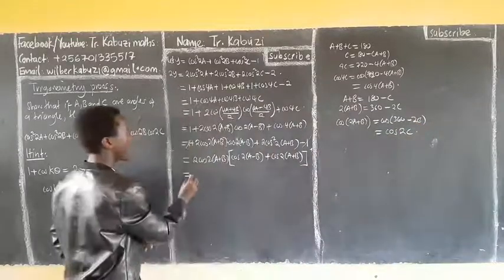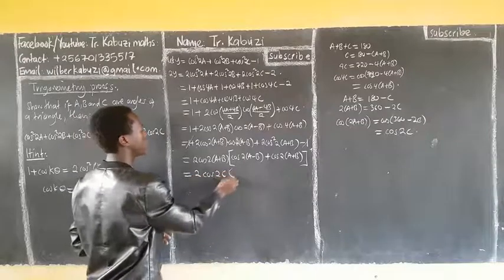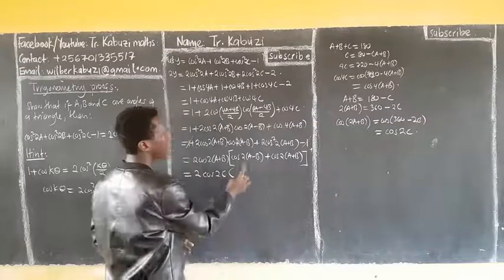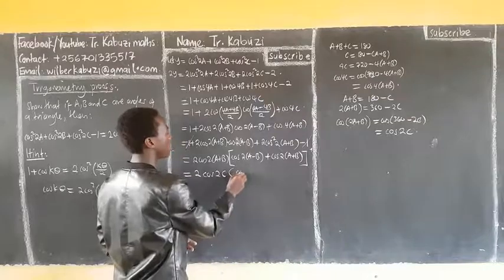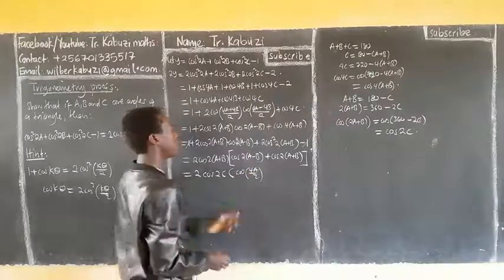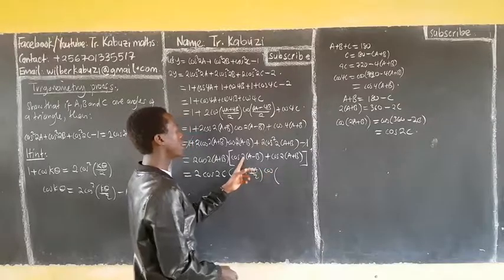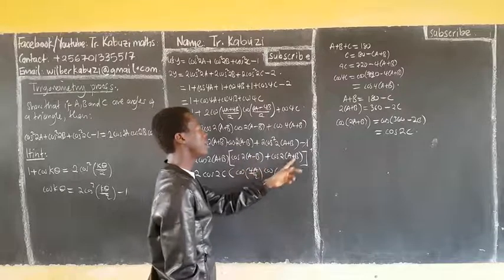So from here I have 2 cos 2C into, let us see what we have, this plus this. So I'll be having 2A plus 2A, so that will be cos of 4A divided by 2, because I'm adding. Then remember when we add, we shall be adding negative 2B plus 2B, which will go to 0.